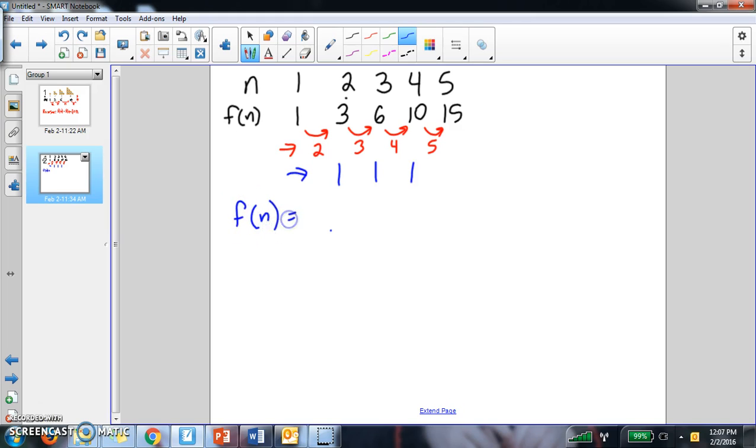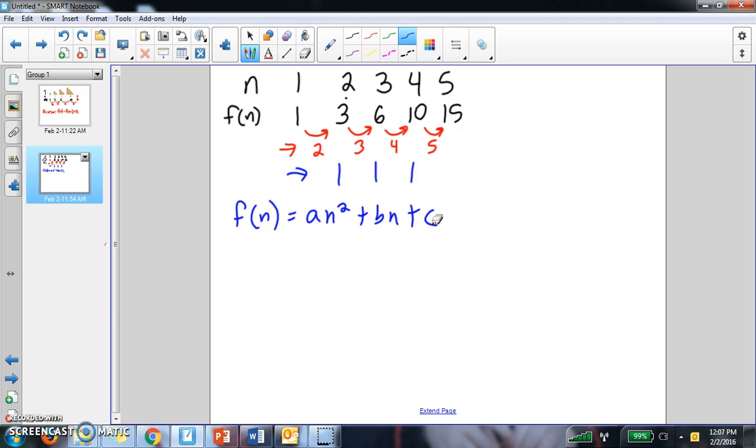So I'm going to use the quadratic equation where we know that f of n is going to equal, instead of x, let's make this a n squared plus bn plus c. Now we can figure all the parts out, and then we can go back and solve for a, b, and c.